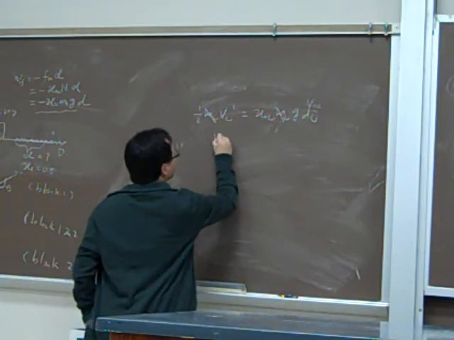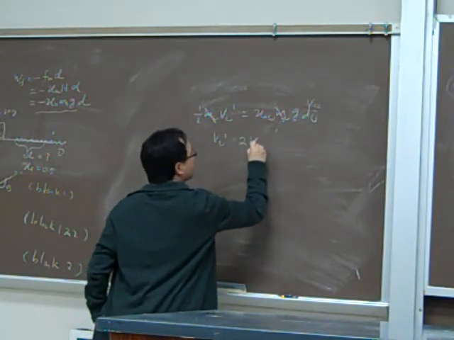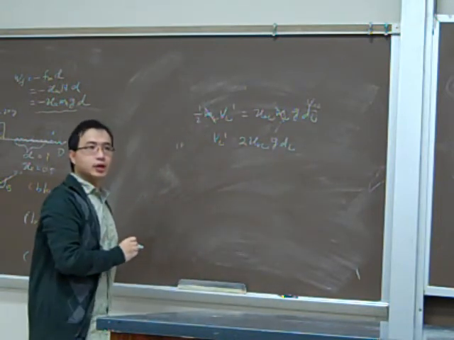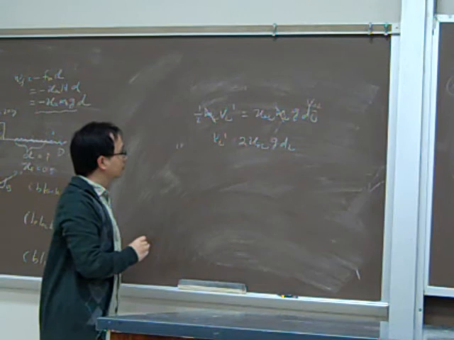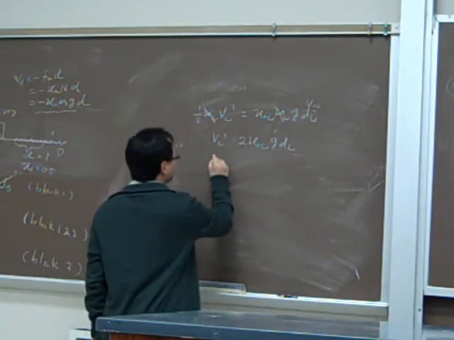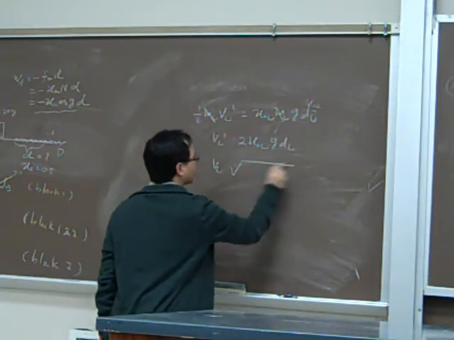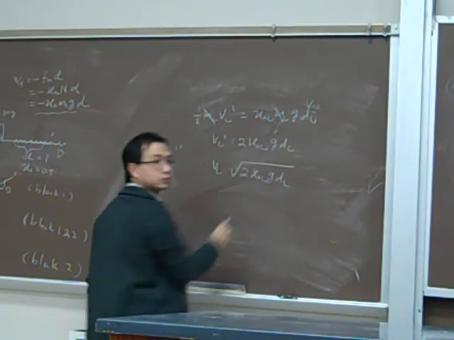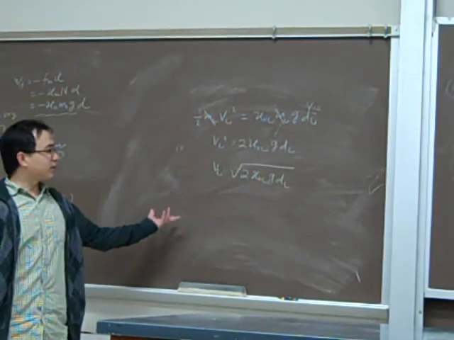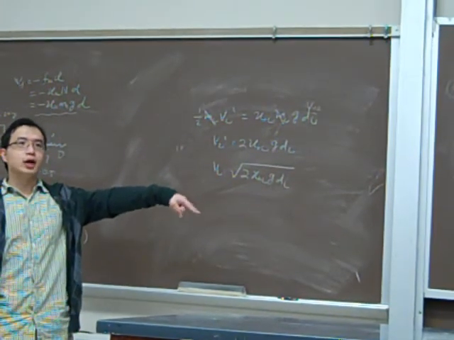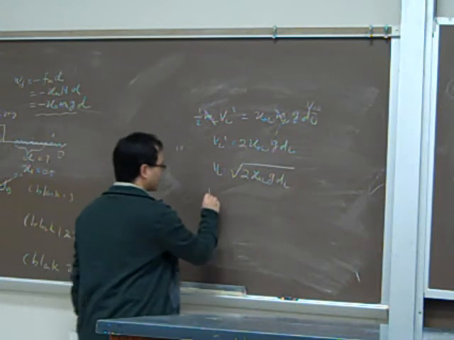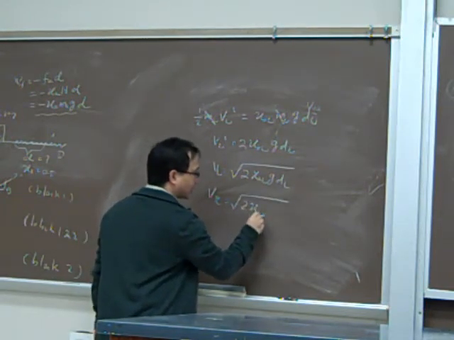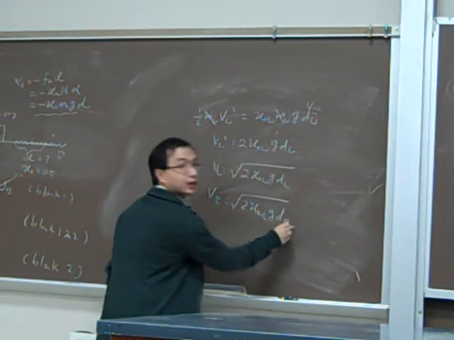So you get VL squared equals 2 mu KL G DL. So VL equals the square root of 2 mu KL G DL. And the same kind of simplification, of course, applies to the other piece. So you can immediately write VR equals the square root of 2 mu KR G dr.